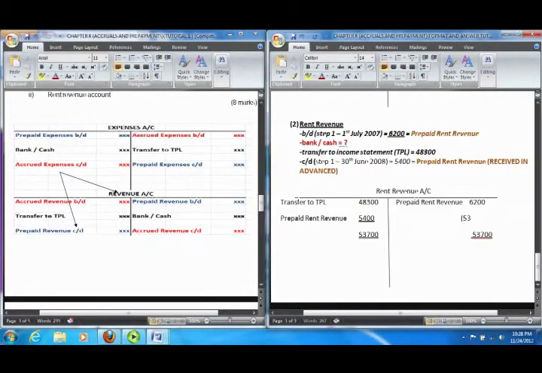You must minus 53,700 with your 6,200. Can I know the total, class? Can you help me to calculate? 53,700 minus 6,200, you will get 47,500. So can I know what is the item that we need to put there? The amount that we need to try to balance off.